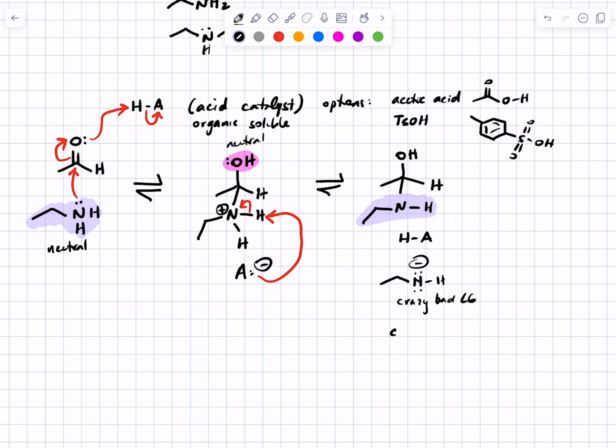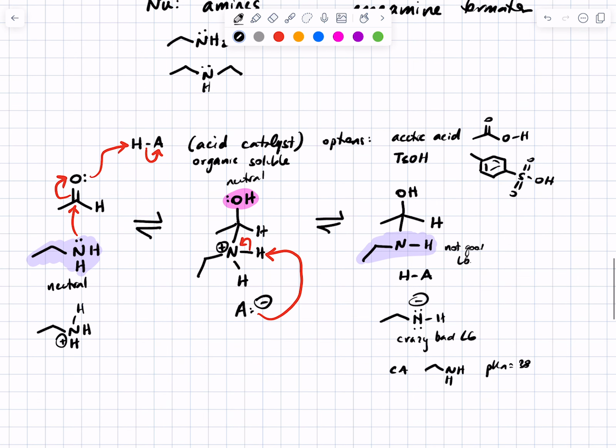If you draw its conjugate acid, the conjugate acid of that leaving group is the neutral amine, which has a pKa of 38. Okay? So just by removing a proton on the nitrogen in that intermediate, we can turn it into not a good leaving group.